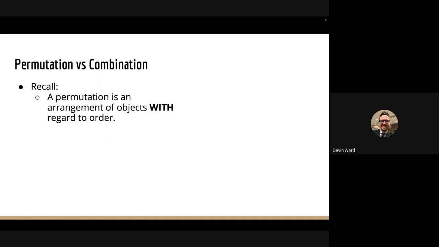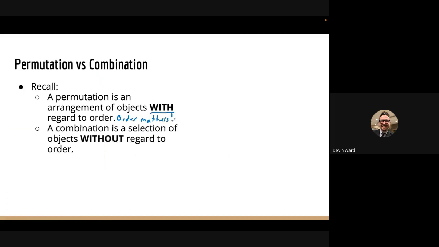So remember, a permutation is an arrangement of objects with regard to order, okay? So the order matters. A combination is a selection of objects without regard to order.